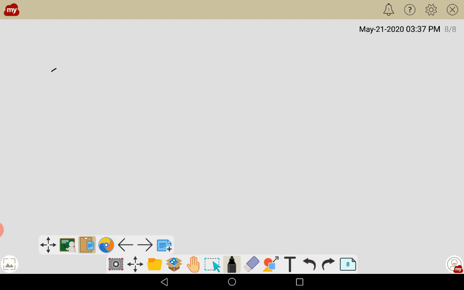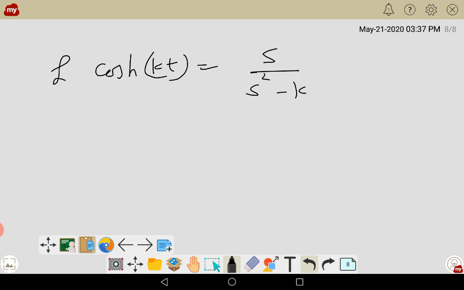So the Laplace transform of cosine hyperbolic kt is s over s square minus k square. You remember, if the sign in the denominator is positive, it is not a hyperbolic function on the left side, it is a trigonometric function. For cosine kt, it will be s square plus k square in the denominator, but for cosine hyperbolic it will be s square minus k square.